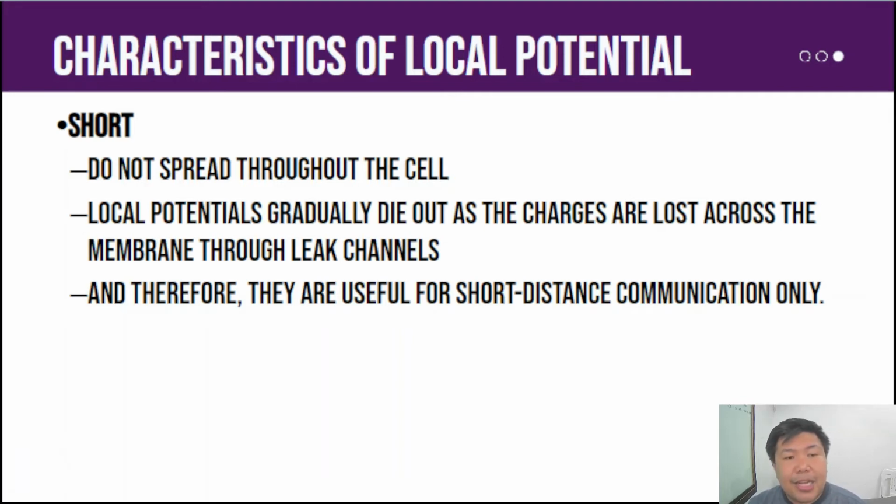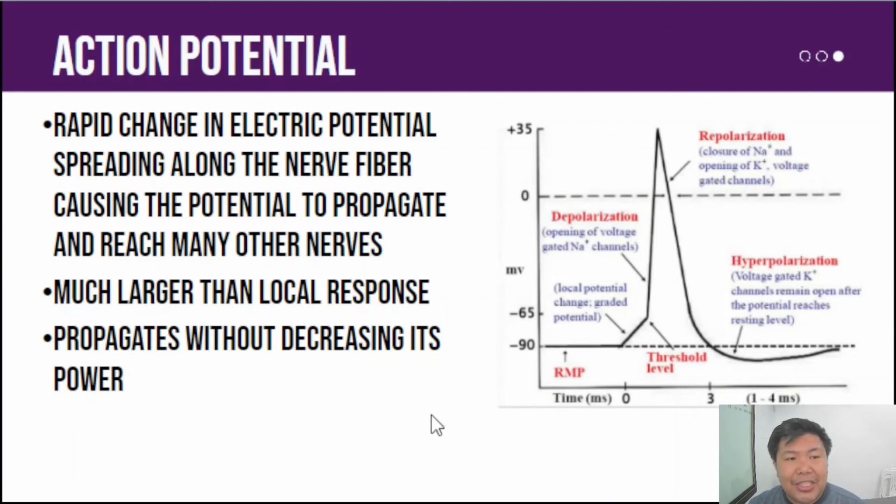Now, since we're done talking about local potential, what's the counterpart of this one? The one that is long-distance per se, that is your action potential. So, similar lang naman yung principle. There should be a change in the electric potential spreading along the nerve. Okay, so ano yung normal ulit natin na voltage?